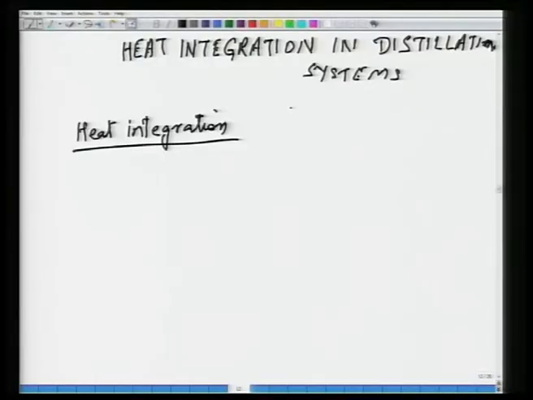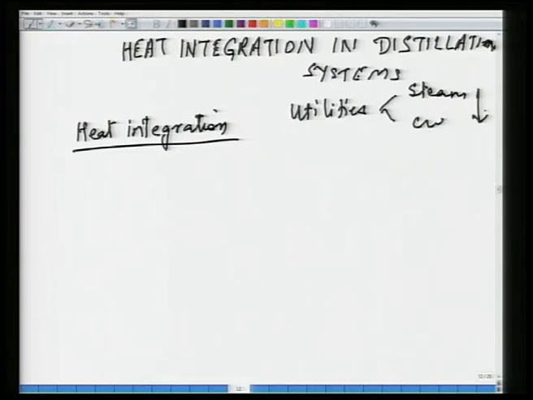When we talk of distillation columns, when you do heat integration, the consumption of utilities, mainly steam and cooling water, goes down.